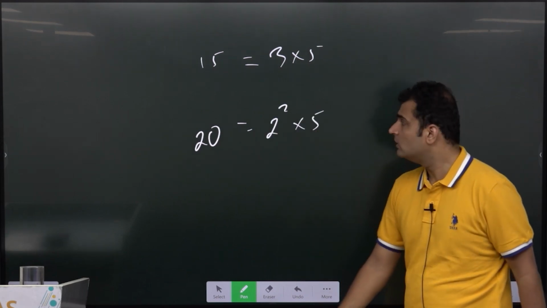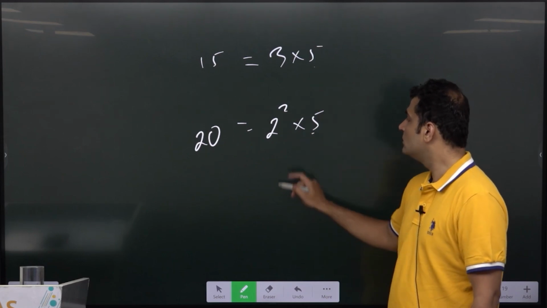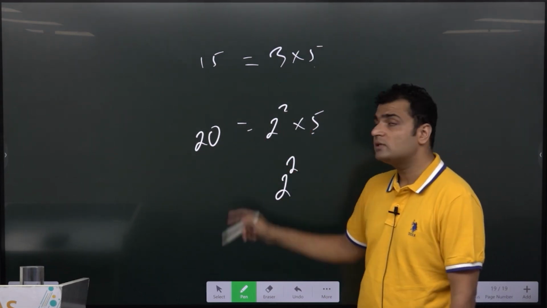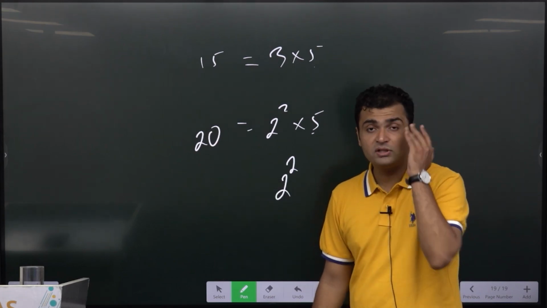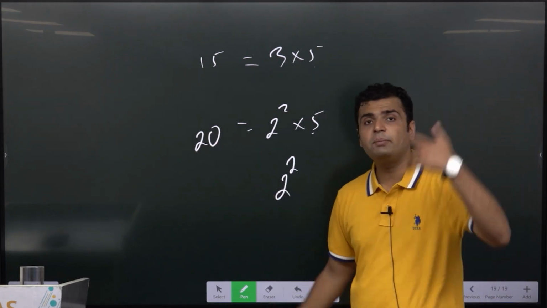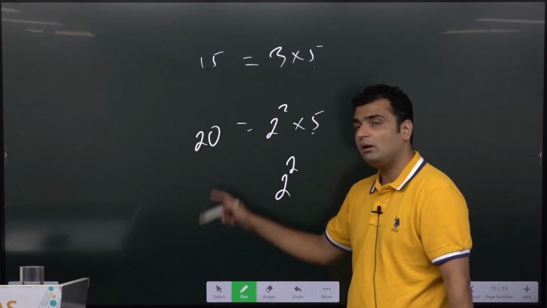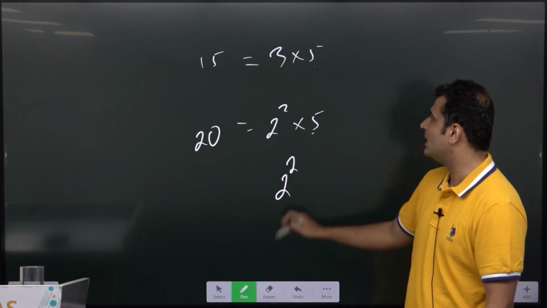अब क्या करेंगे? We'll firstly look at anything common. 5 is common, yes. So we'll write 2 square, because LCM का 20 तो LCM का फैक्टर होना ही चाहिए, because it is a multiple. 20 का मल्टीपल है ना वो LCM. लीस्ट कॉमन मल्टीपल मतलब दोनों का मल्टीपल है, तो 20 का भी मल्टीपल है वो, तो उसमें 2 स्क्वायर तो होना ही चाहिए. तो 2 स्क्वायर मैंने डाल दिया.